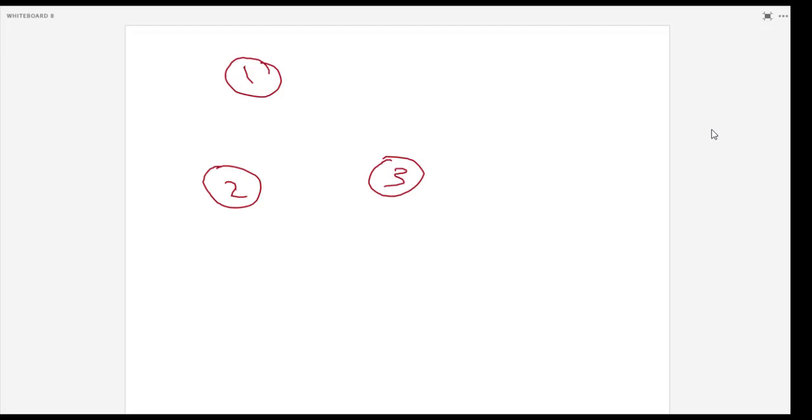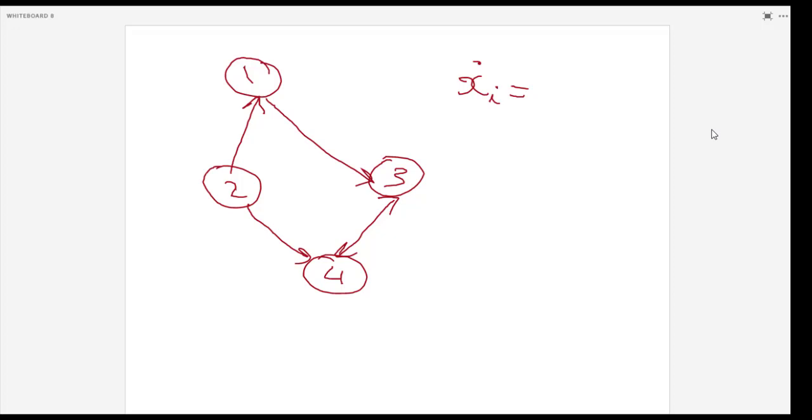Consider this example with agents 1, 2, 3, and 4. X dot i equal to ui. Solve the problem. First step, design the controller.